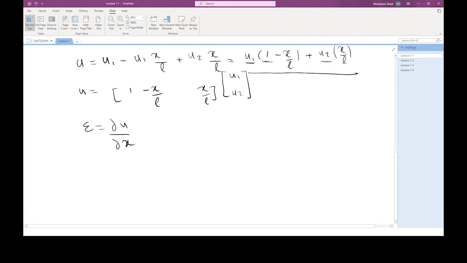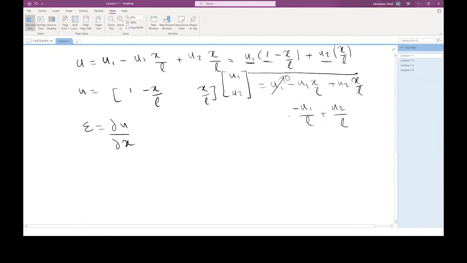So if you differentiate this, I'm basically going to split it into u1 minus u1 x over l plus u2 x over l. If you differentiate this, this goes to 0. If you differentiate this, you have minus u1 over l, where the derivative of x is 1. And then you have u2 over l. The derivative of x is again 1.